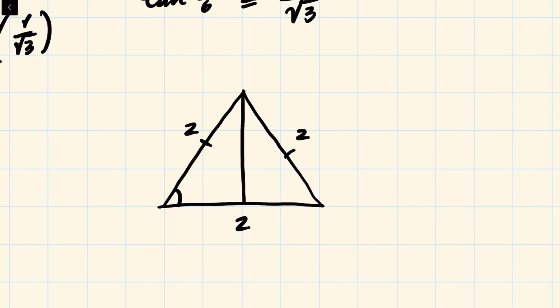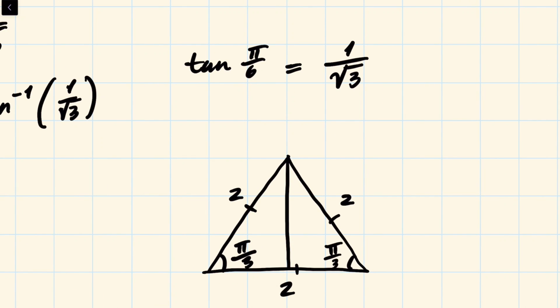It's an equilateral triangle, should mention that, which means this angle here is going to be pi over 3 radians, and it's 60 degrees. An equilateral triangle has all angles 60 degrees. This is going to be half of 60, so that's 30 degrees, or pi over 6 radians.